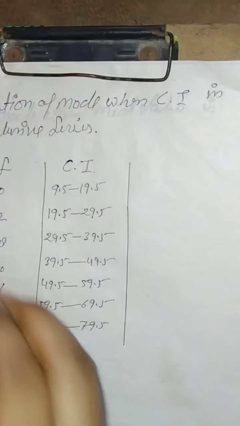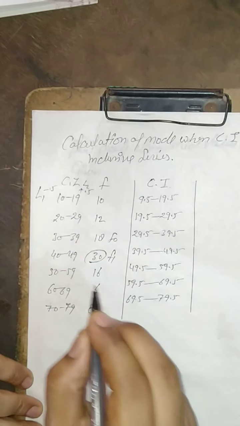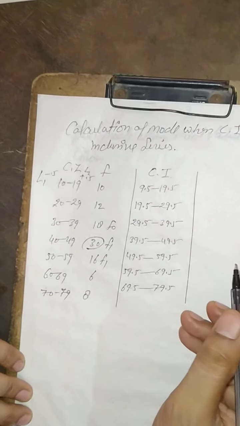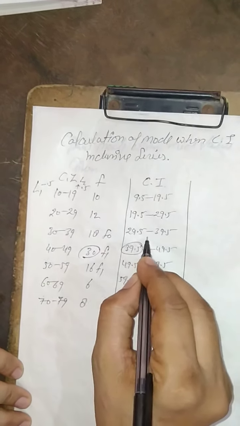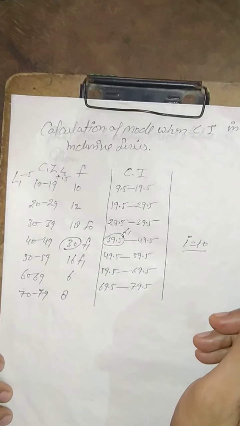And that's your frequency. The highest frequency is 30, so that's your F1, the portion above shows F0 and the portion below shows F2. Clear beta? That's your L1 and the interval I is equal to 10.